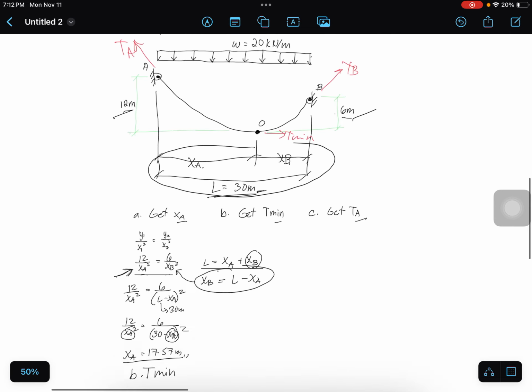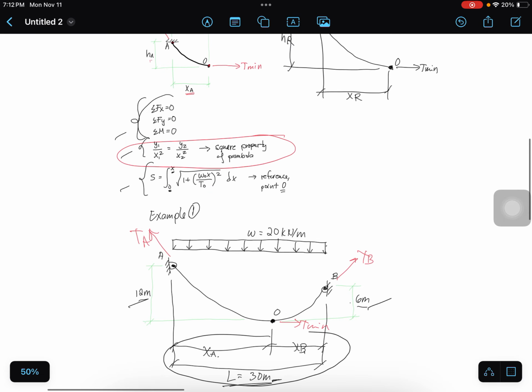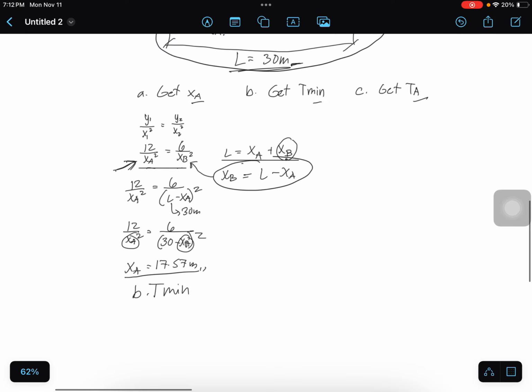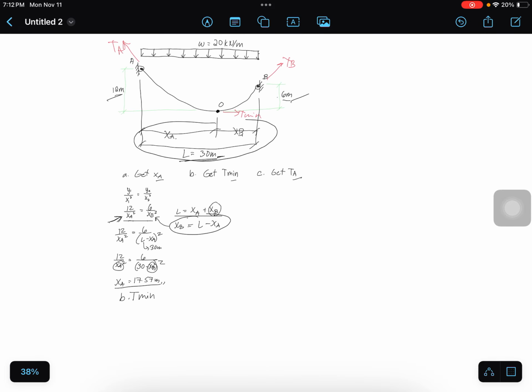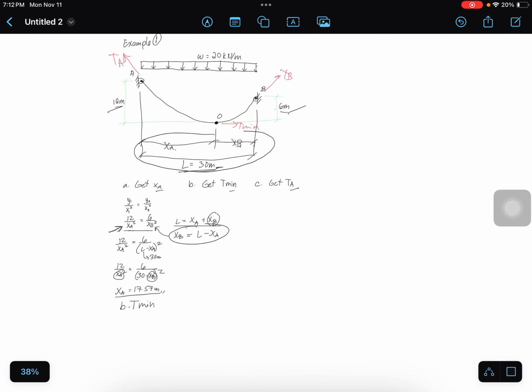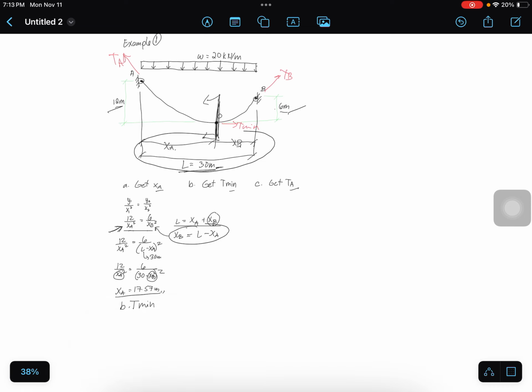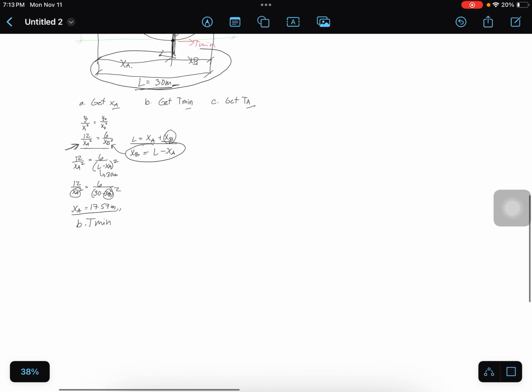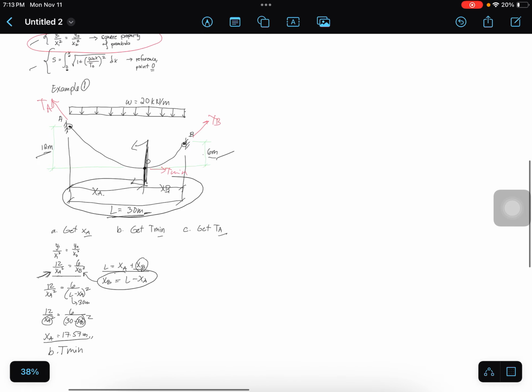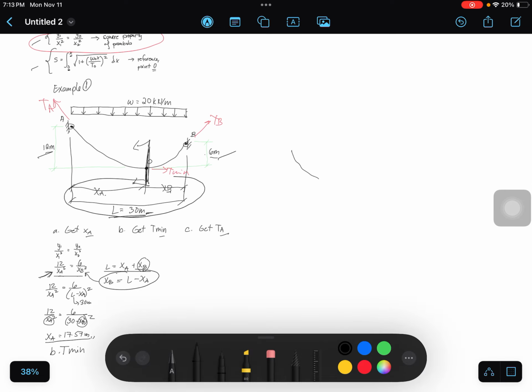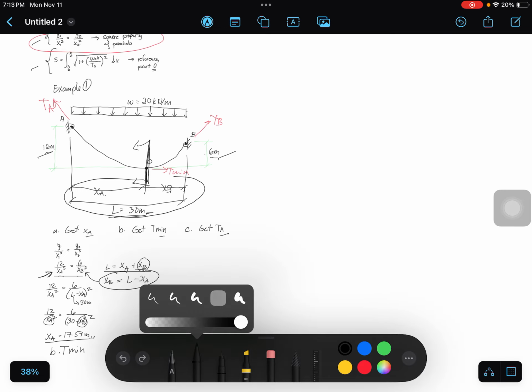So, forces na ang kinukuha, so we can use etong 3 equations of equilibrium. T-min. So, magsa-section na tayo at point O, diba? Ito ang reference section natin. Magsa-section na lang ako papunta kay X sa side A. So, ang aking free body diagram will look like this.